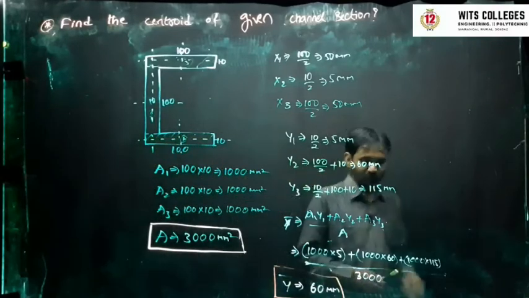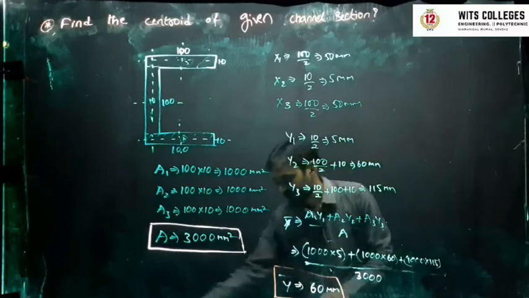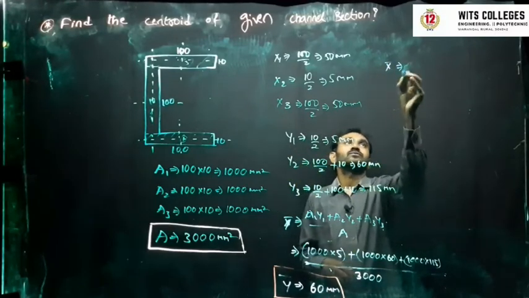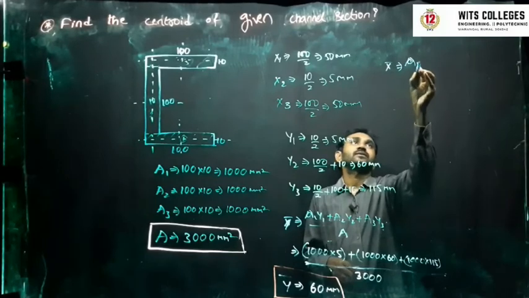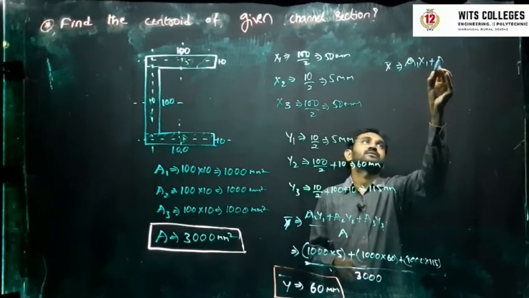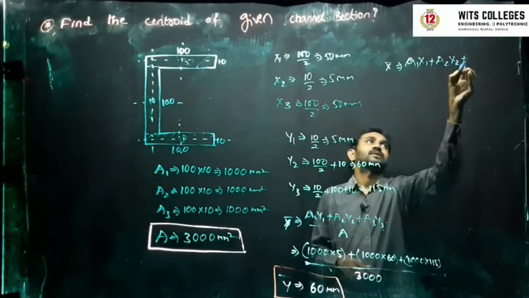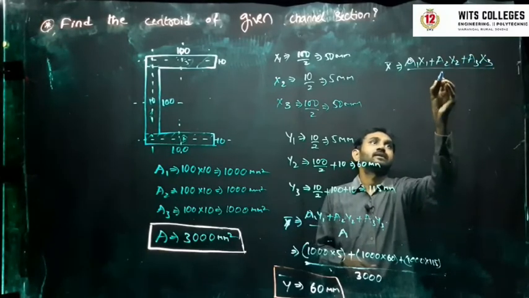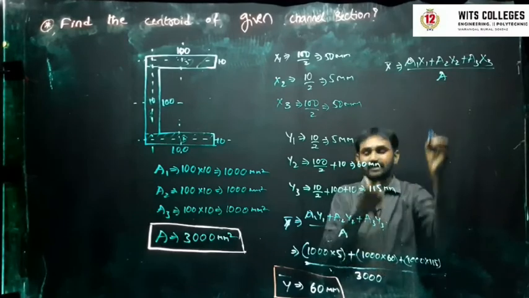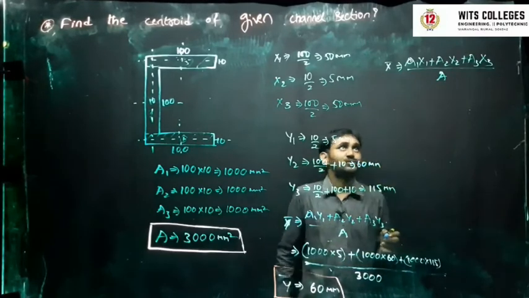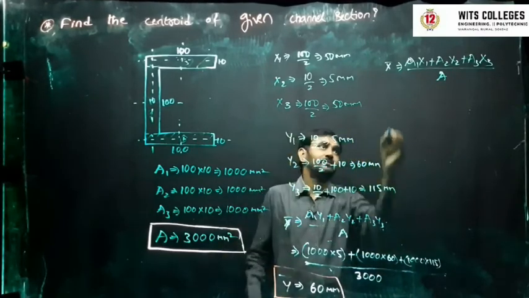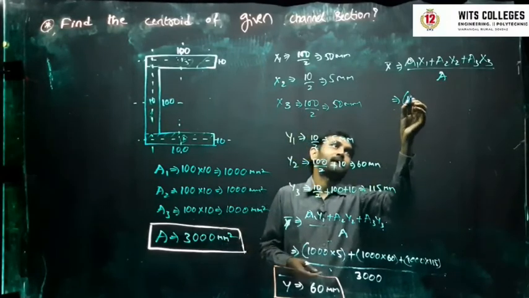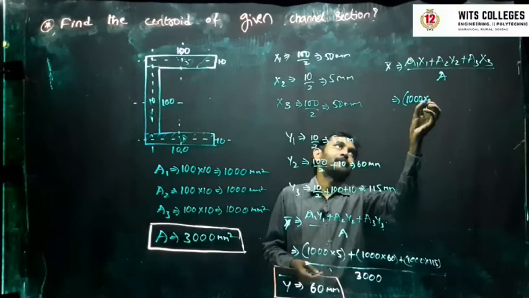Similarly, what I have to calculate is x bar. So x bar equal to a1 x1 plus a2 x2 plus a3 x3 divided by capital A. Capital A I have to calculate. So again, capital A is same. Again, the value of A is 1000 into x1.